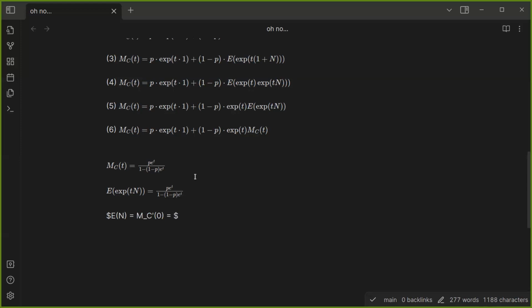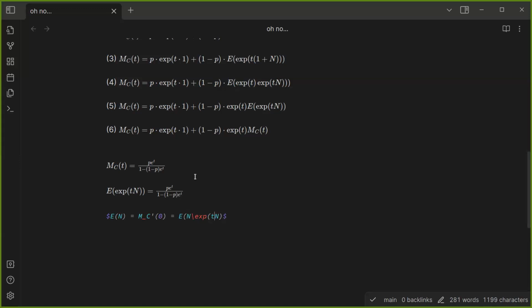Let's do this step by step. If I take the derivative, I will get the expected value of n exponent of Tn.